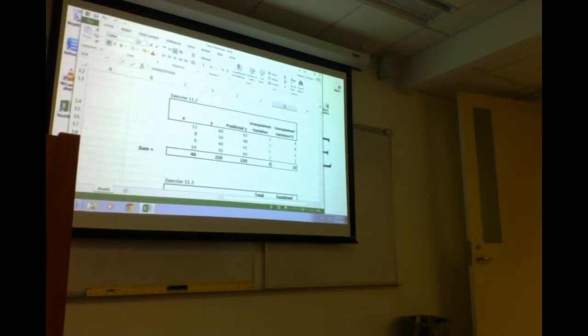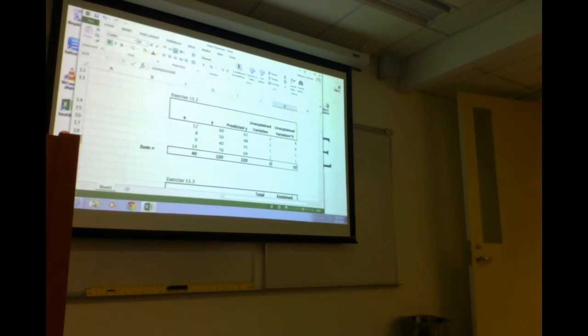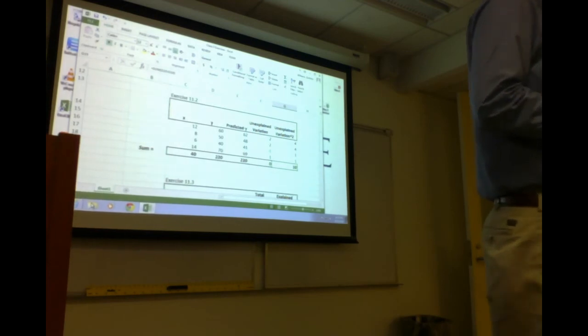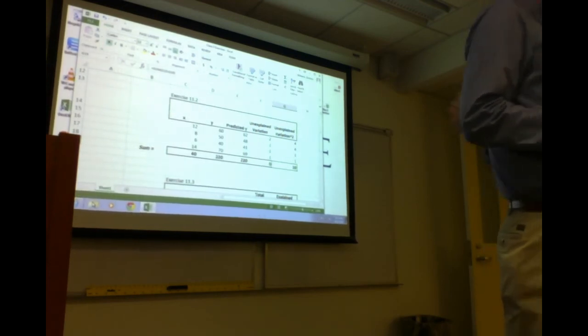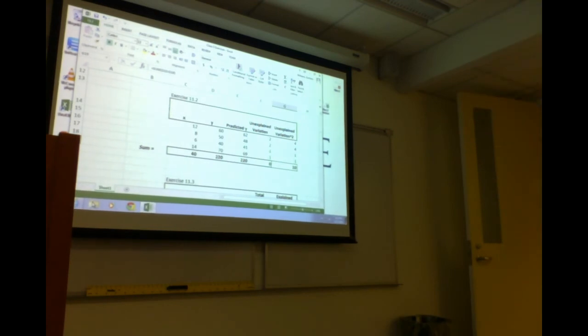Page 11. Yep. All right, so we've got R squared, which is the sum of squares of the regression, which is the explained variation, divided by the sum of squares total, which is the total variation. And then we take the square root of that and we get R, which also tells us a goodness of fit estimate.